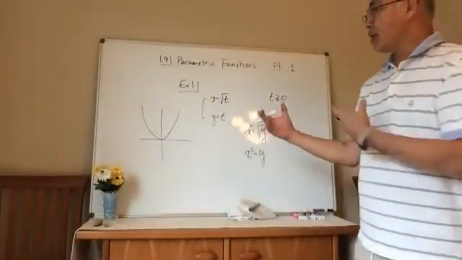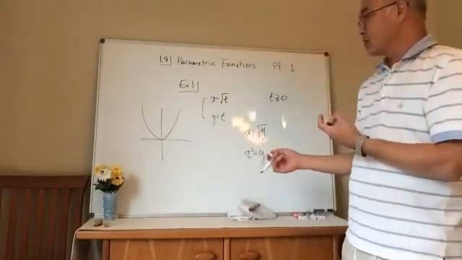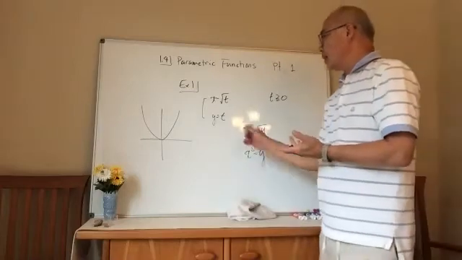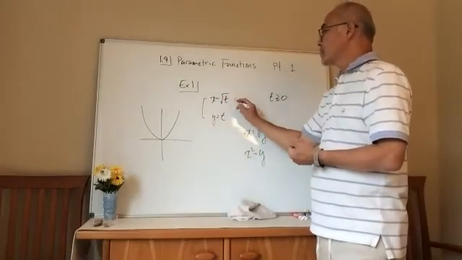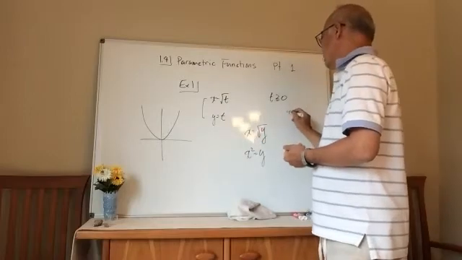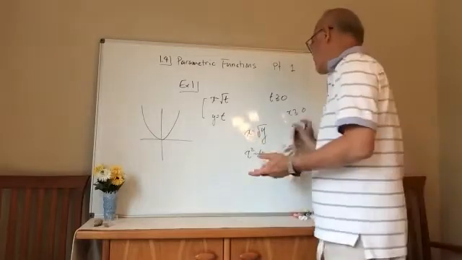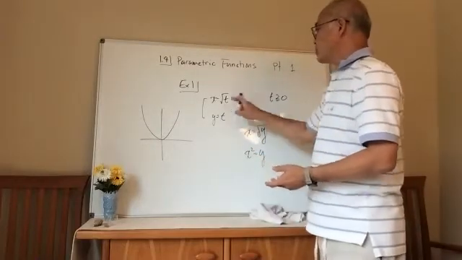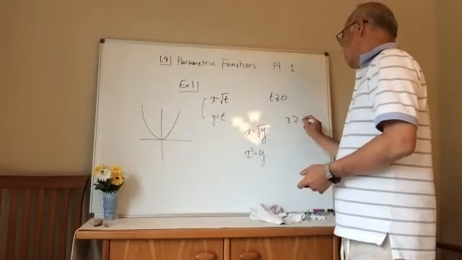If you end here, you do not get full credit because there was an implied t is greater than or equal to 0, which means that x also has to be greater than or equal to 0. There's no way that x is negative, because it's a radical, so x must be greater than or equal to 0.